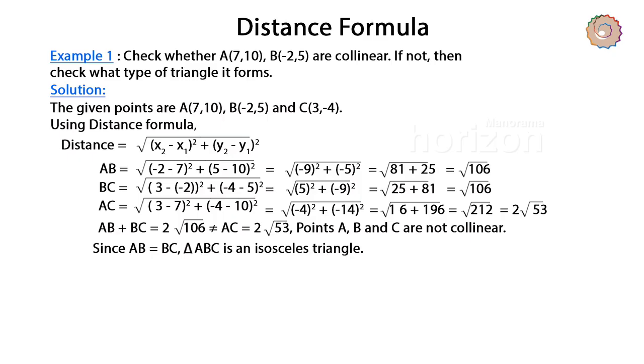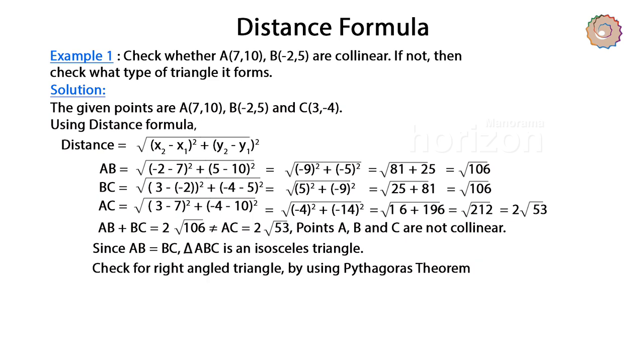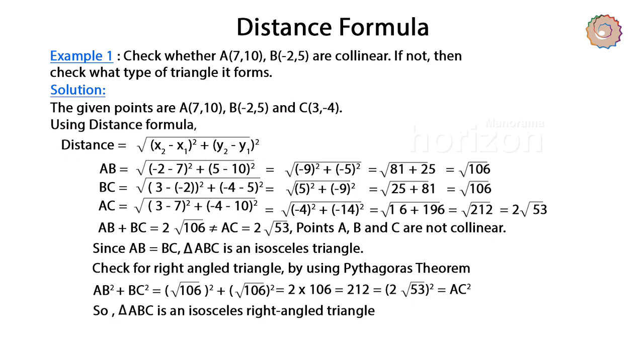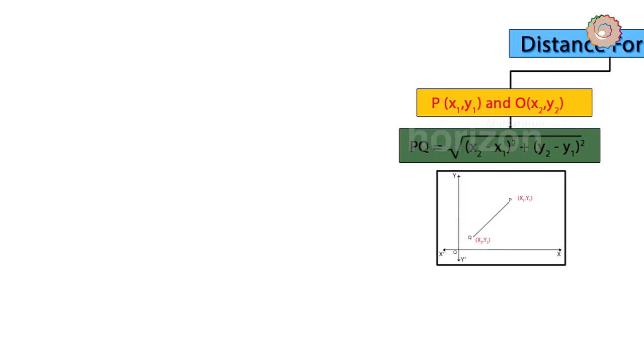Since AB equals BC, triangle ABC is an isosceles triangle. Now we need to check if this triangle is a right angle triangle. For that, we use Pythagoras theorem. AB square plus BC square equals root 106 square plus root 106 square, which is 212, and it is equal to AC square. So triangle ABC is an isosceles right angled triangle.